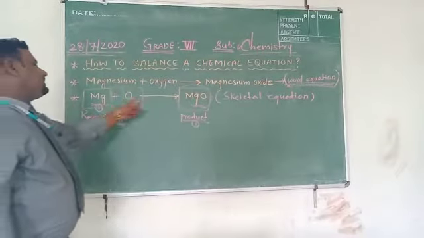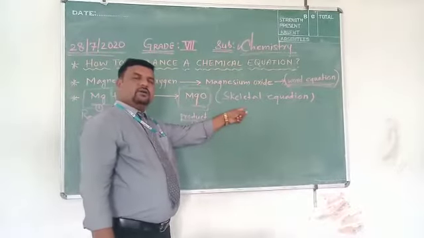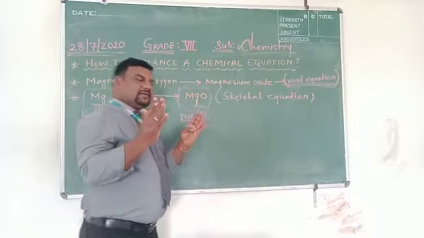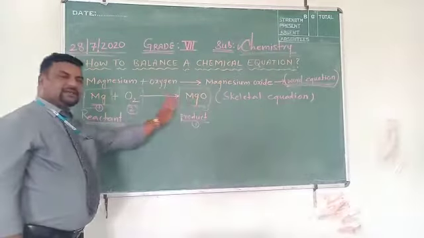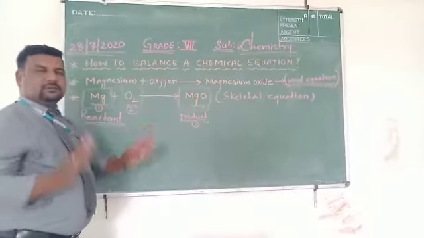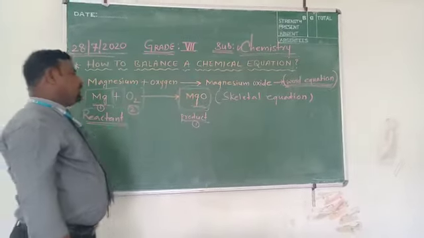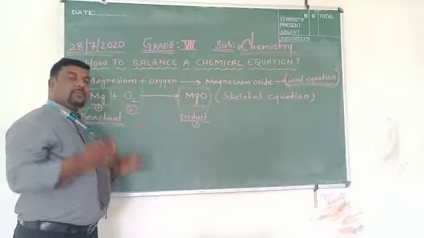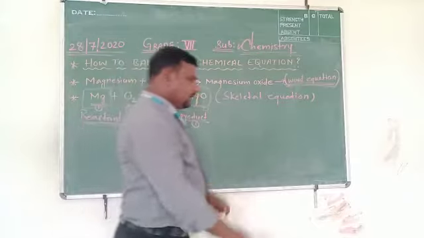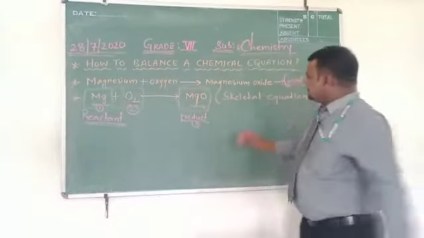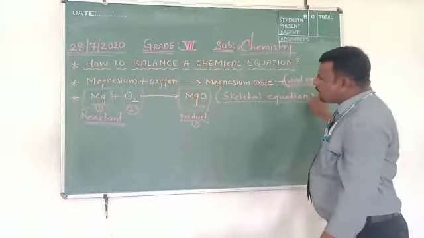Now why are we calling this a skeletal equation? Because if the number of atoms on the reactant side and product side are not equal, then it is called a skeletal equation. We can also call it an unbalanced equation, the equation which is not balanced.